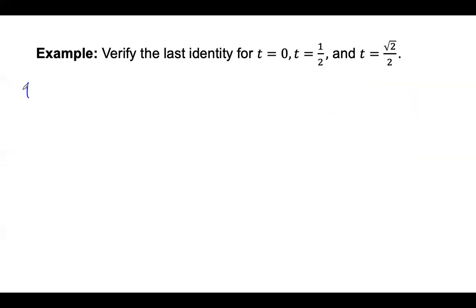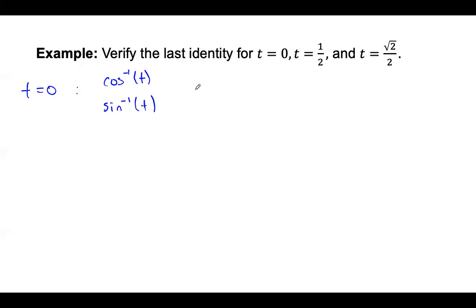So let's say when t equals 0, what do we get? So cos inverse of t when t is equal to 0, and we're going to verify with sine inverse of t.